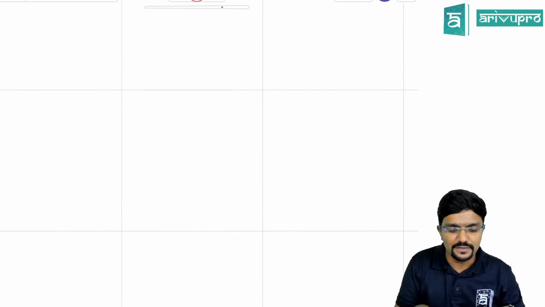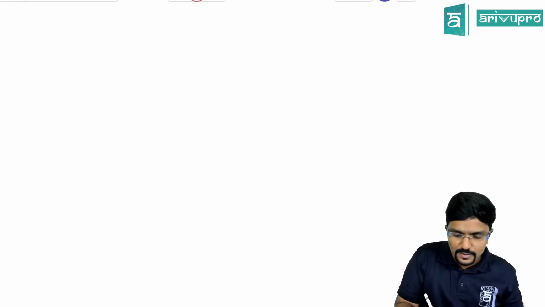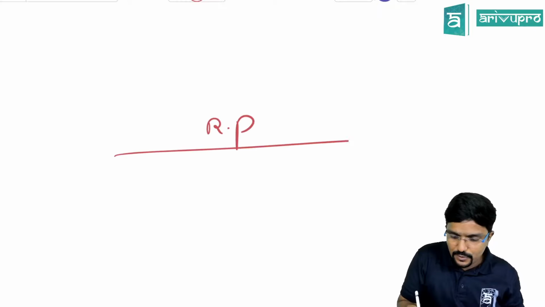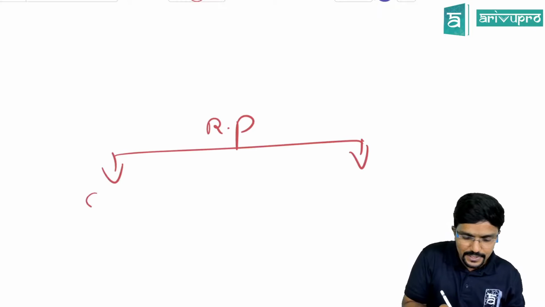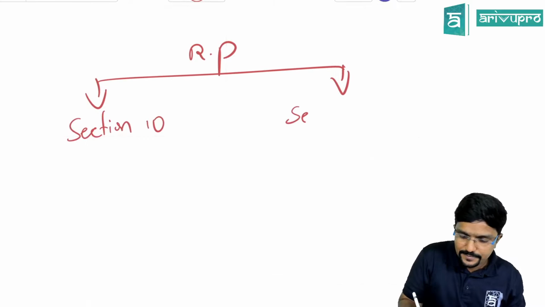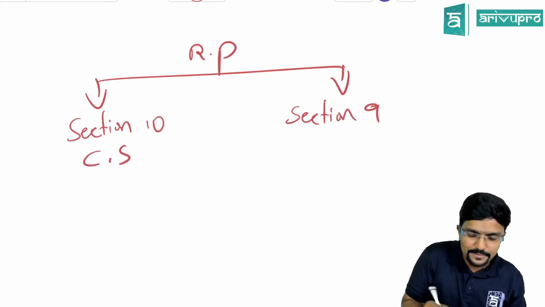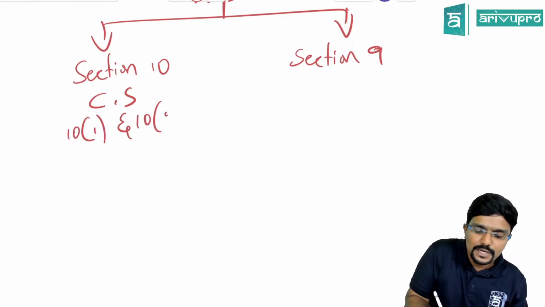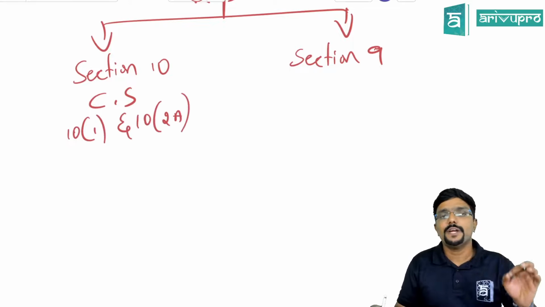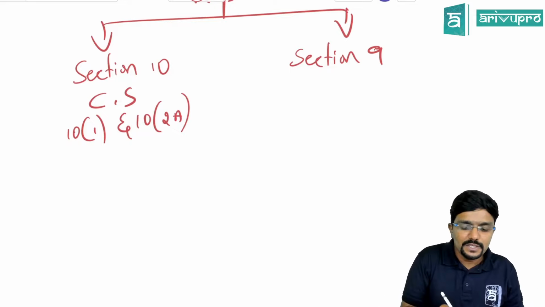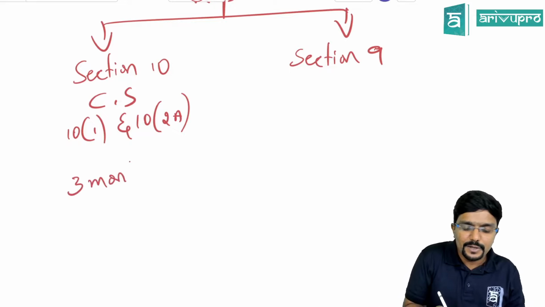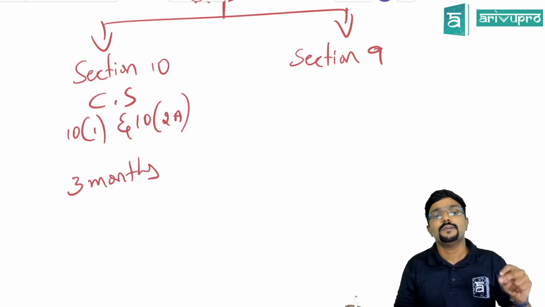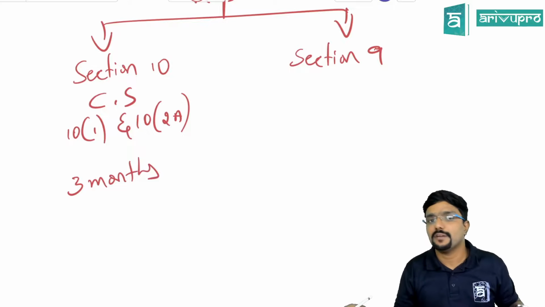I will just draw the chart here so that it will be simplified for you. So registered persons, there are 2 categories. Section 10, section 9. Section 10 is composition supplier. Both 10(1) and 10(2)(a) are covered. If they don't file their annual returns within 3 months from the due date, whatever is given for them, for 1 year also, their registration can be cancelled.